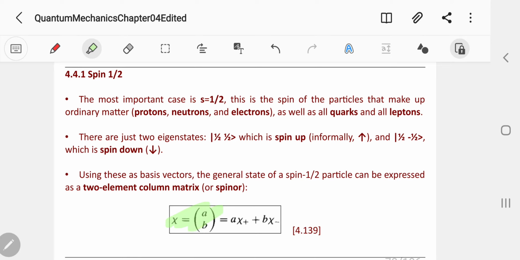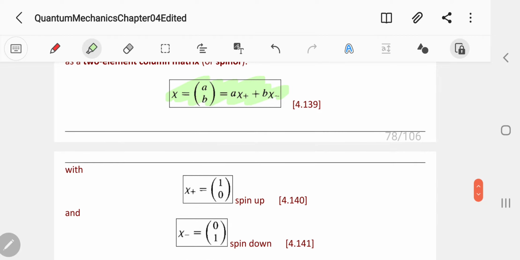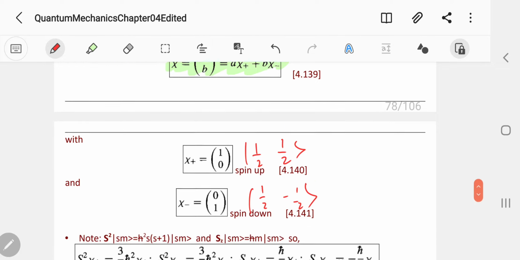You can also write chi plus as |1/2, 1/2>, or as the one-column matrix (1, 0), and chi minus as |1/2, -1/2>, or (0, 1). That's the spin.